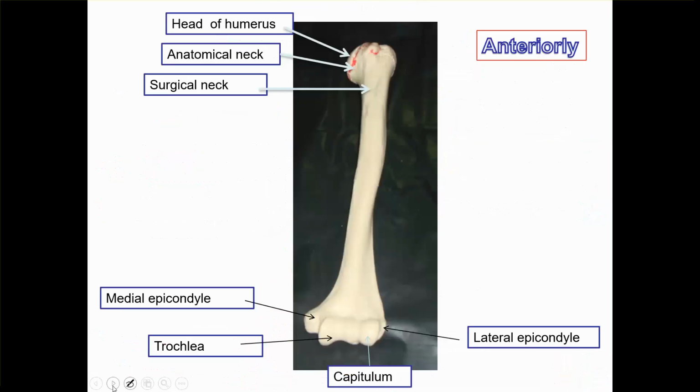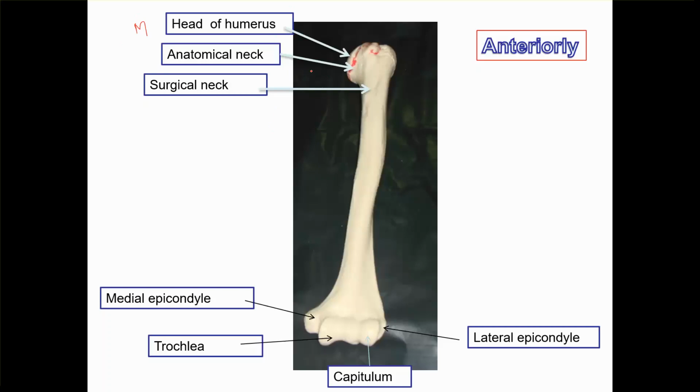Again, look for the head of the humerus. I would like to tell you some points of identification. The head should be facing medially, and the head has to be proximal, so it has to be on the upper part.